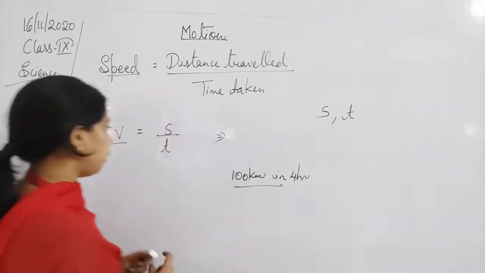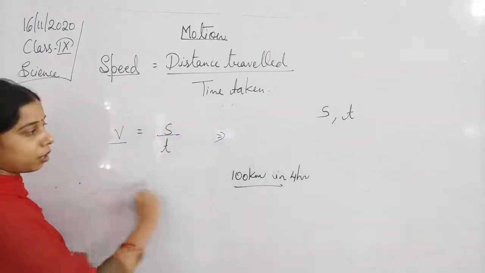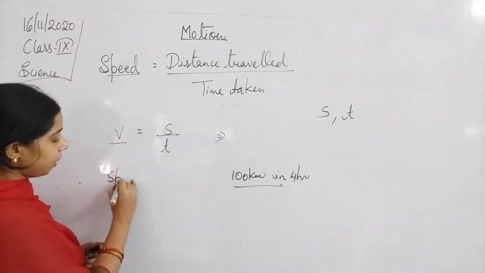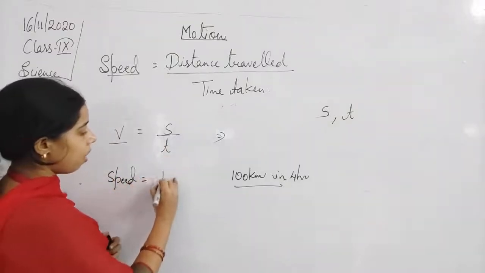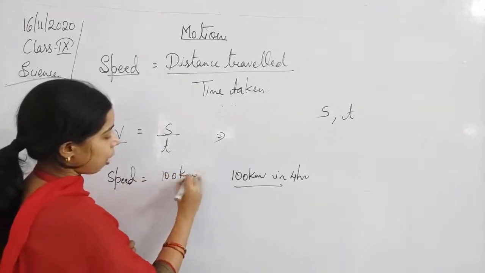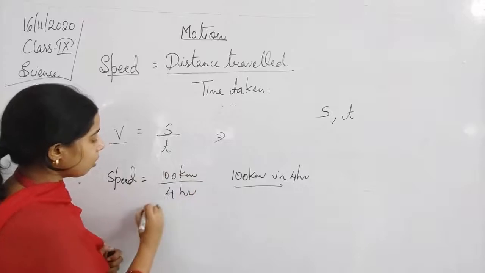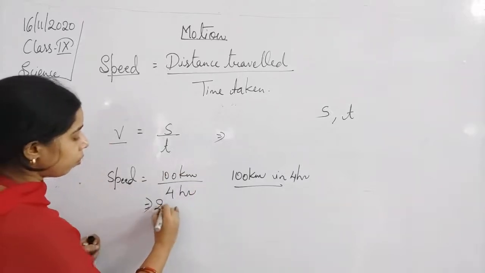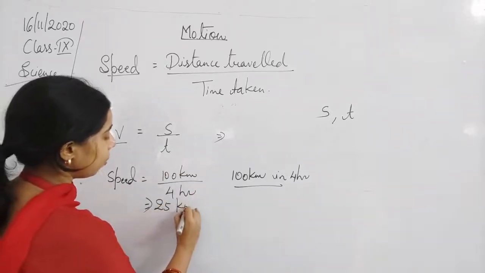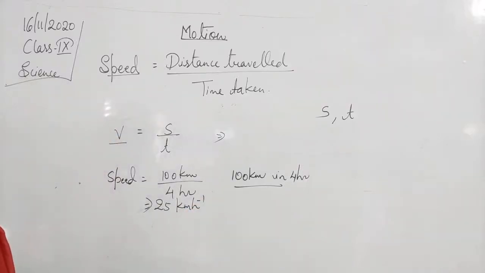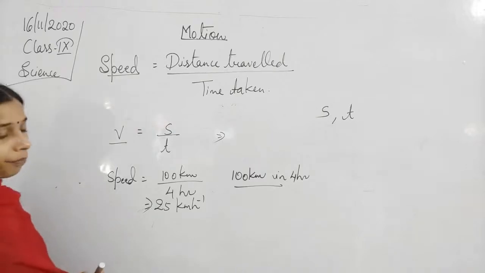We know that speed is equal to distance upon time. So the speed will be equal to 100 kilometers upon time taken. What is the time here? That is 4 hours. So it will be equal to 25 kilometers per hour. So the answer will be 25 kilometers per hour.